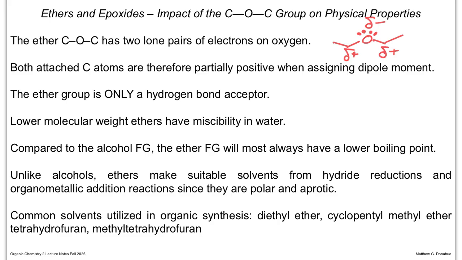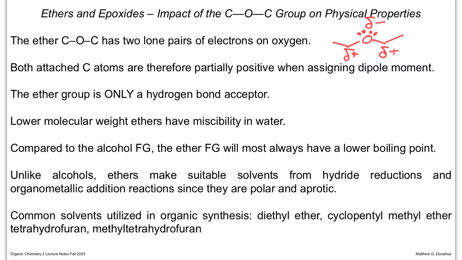So the molecule is going to have a permanent molecular dipole based on those individual polar covalent bonds. So the lone pair on oxygen makes it a hydrogen bond acceptor only. To be a donor, you have to have OH or NH.